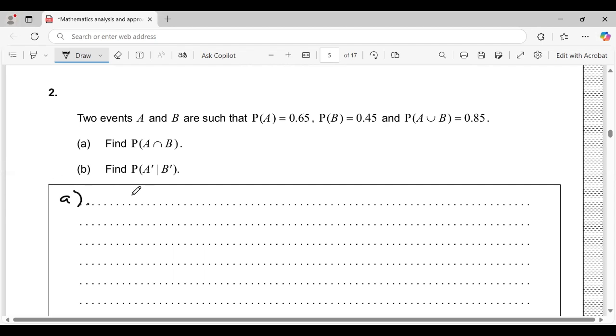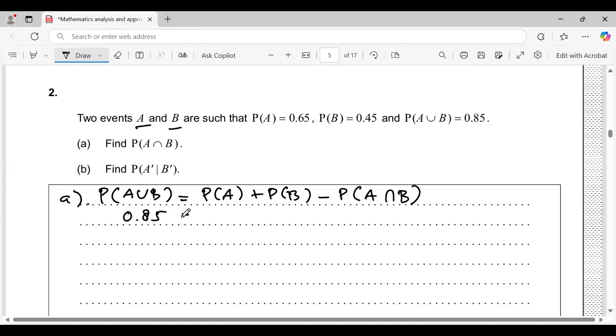So we can use the formula for the probability of the union of two events A and B. The formula is probability A union B equals probability A plus probability B minus probability A intersection B. According to this information, probability A union B is 0.85, probability A is 0.65, and probability B is 0.45.